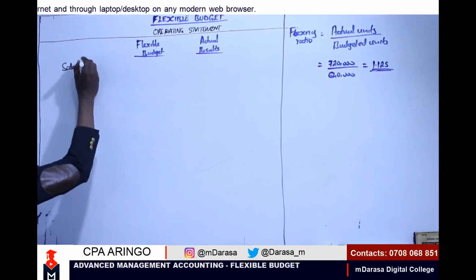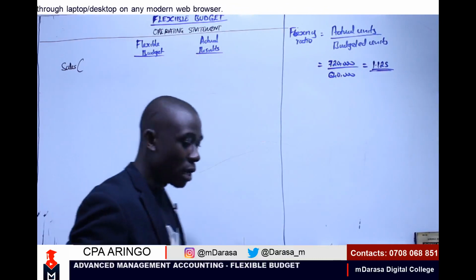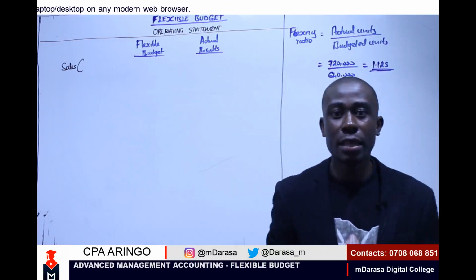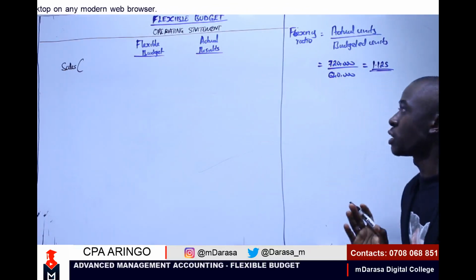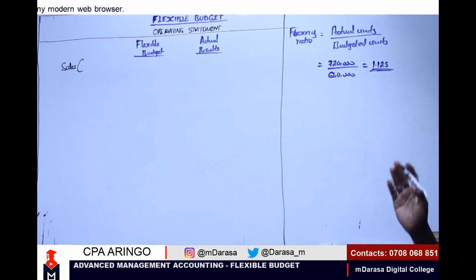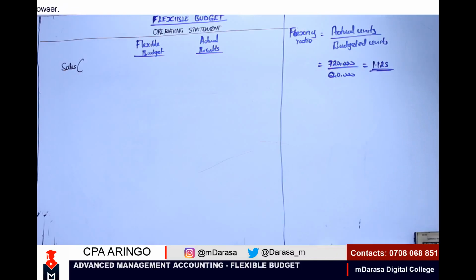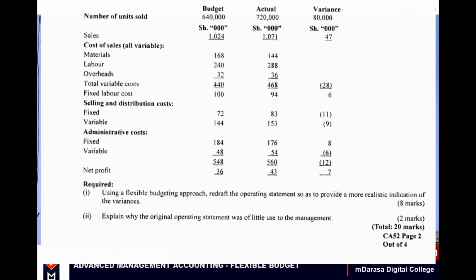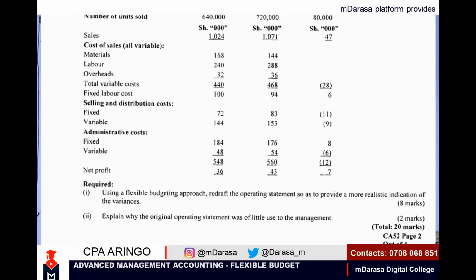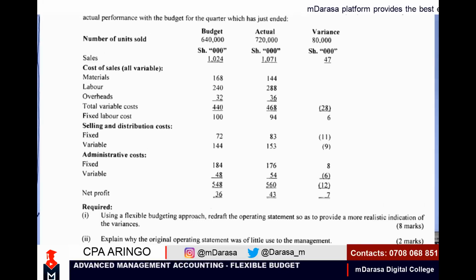How much did you have for sales? Remember, what are you adjusting? In this case, we will be adjusting the budgeted data. Looking at our question here, the sales figure I was given for budget was 1,024,000, that is 1024.